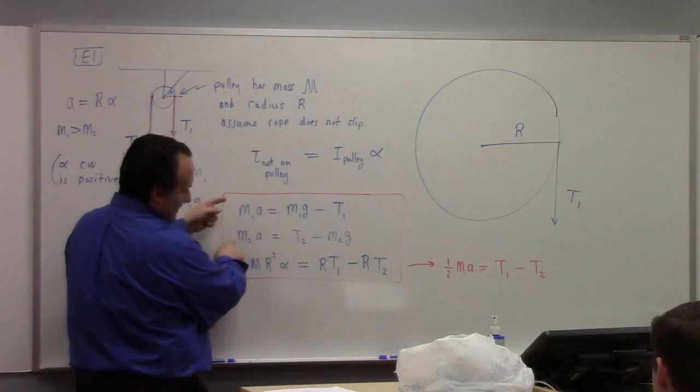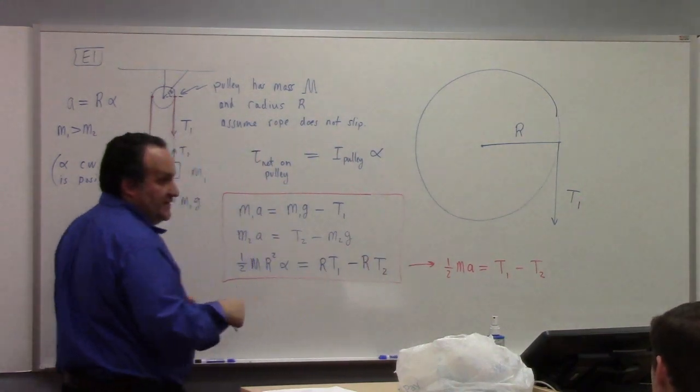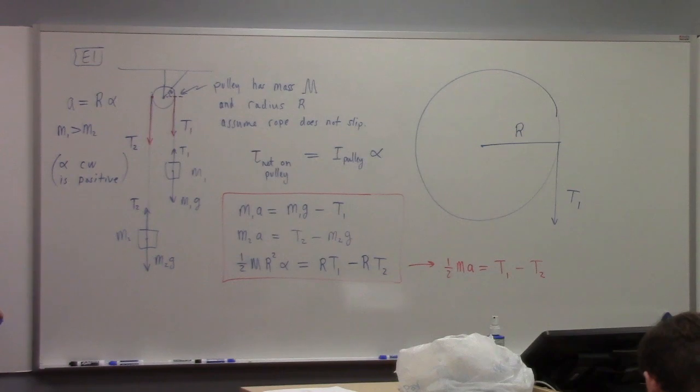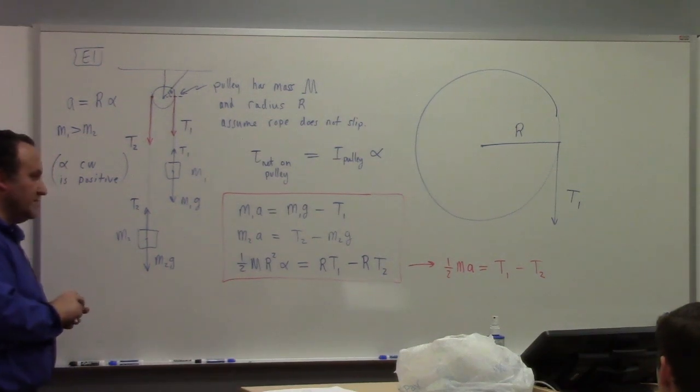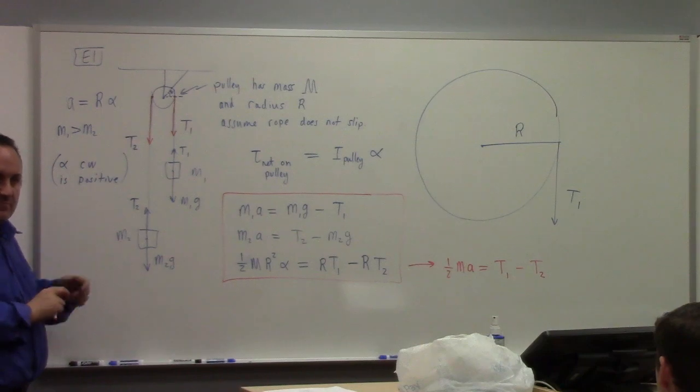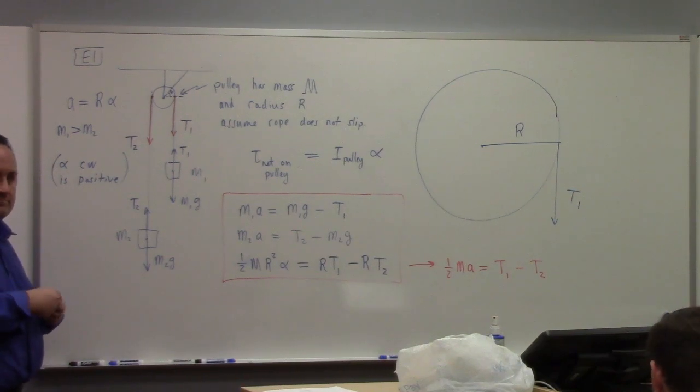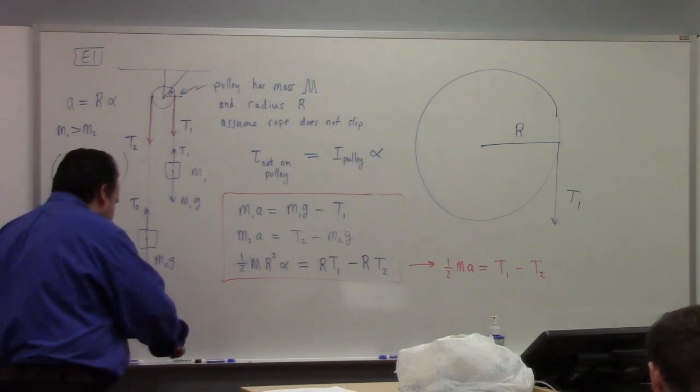So you see, if you divide the torque equation by the radius, you get back to something with the same units as the Newton's laws, and then you can combine these equations reasonably and solve them. So, do you guys want me to solve them, or can we go on? I think it's good for us to go on.